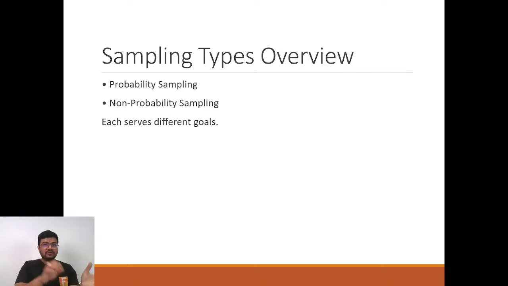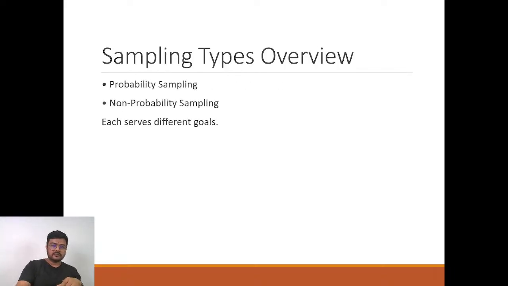So each one of them does not have an equal probability of getting selected in the sample. So this type of sampling is called non-probability sampling. It is not unfair. It is just how the situation is, right? Whatever the situation demands, according to that we need to choose what kind of sampling we need for our machine learning model.